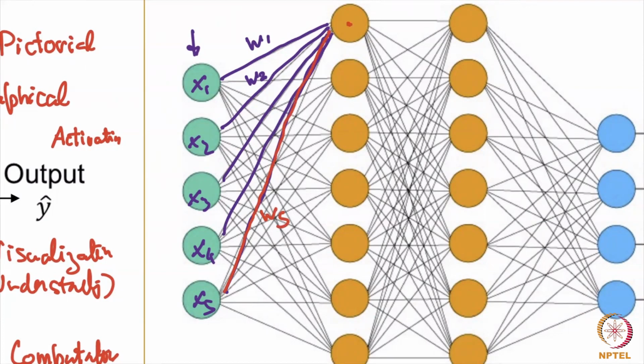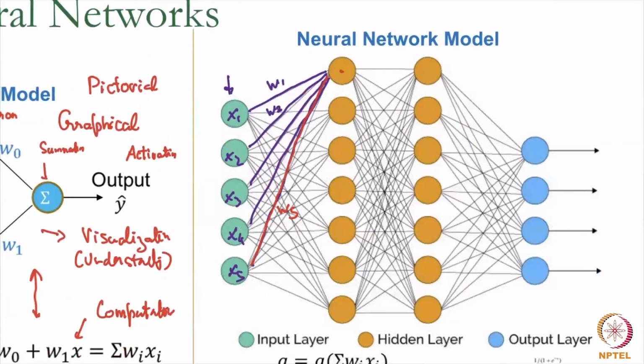Now this here, I will say something like z equal to w1 x1 plus w2 x2 up till w5 x5. And that would be a linear output. Okay. Very simple. So you take all these inputs, multiply them with w1, w2, etc., and you get a linear output at the end.